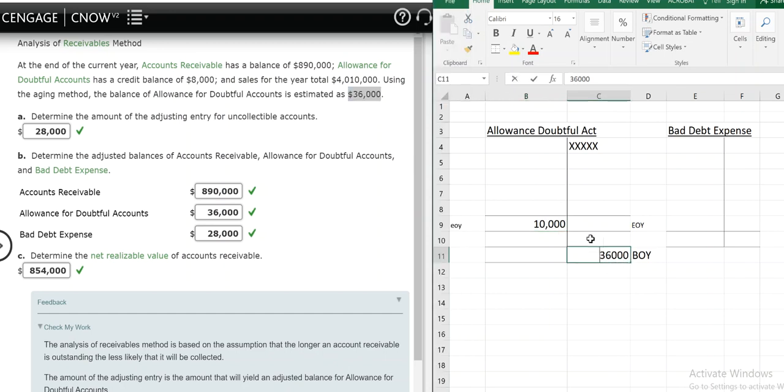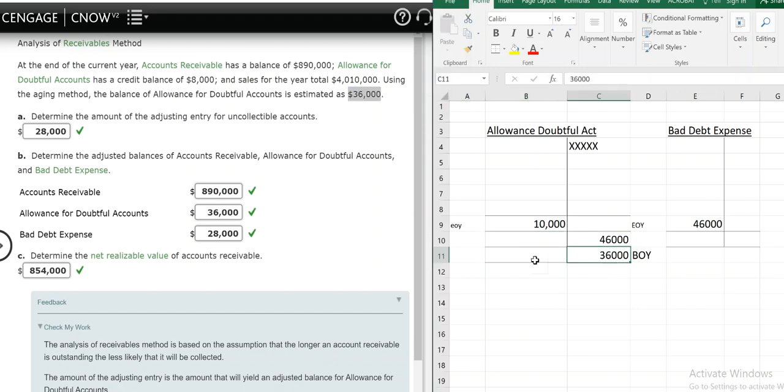So in this example, we will need to debit the expense $46,000 and credit the allowance 46, because 46 minus the 10,000 will give you the $36,000 that they're telling you.